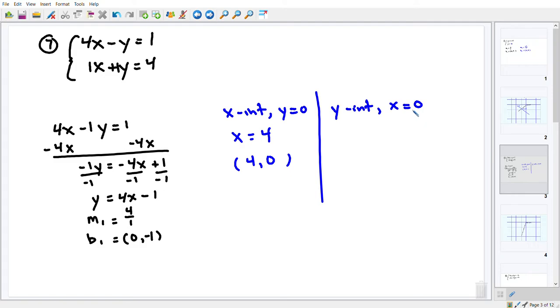On the second one, if x is 0, what is y? So it's kind of like a repeat, but make sure you have it as 0, 4. So now that I have my intercepts, because again, it was really quick mental math division, because we practiced that in chapter 4, go ahead and plot your intercepts to make your line.